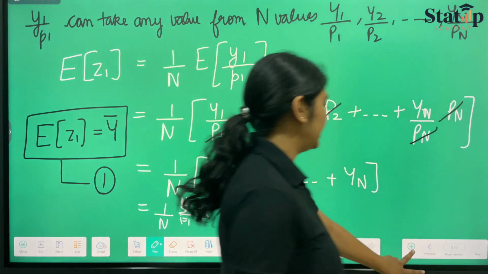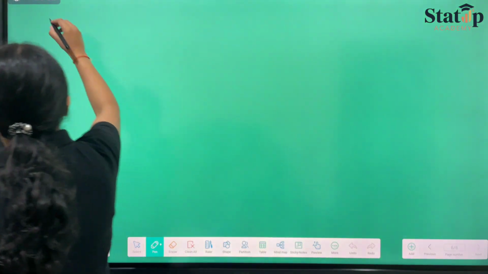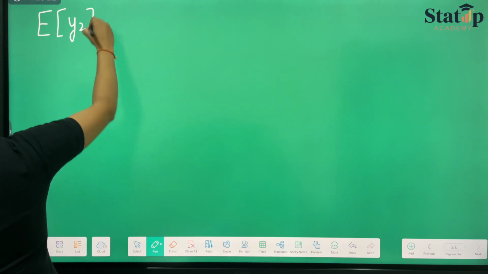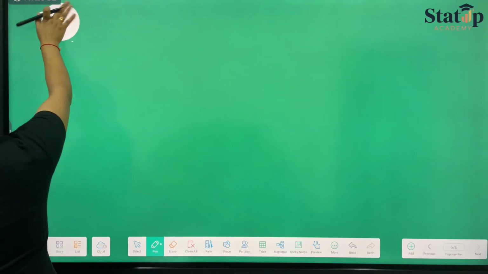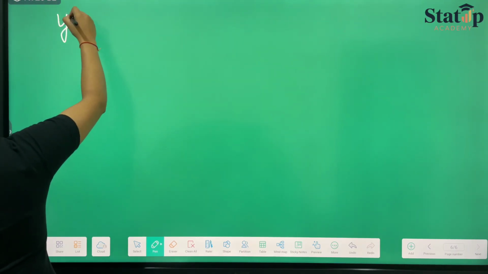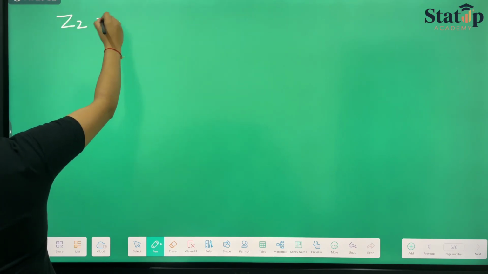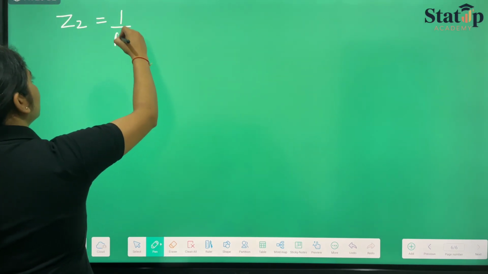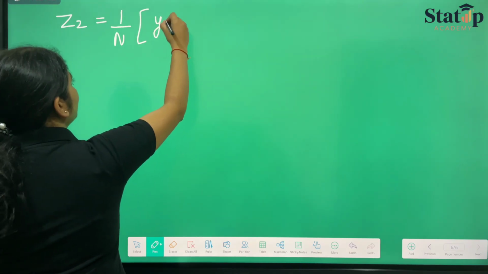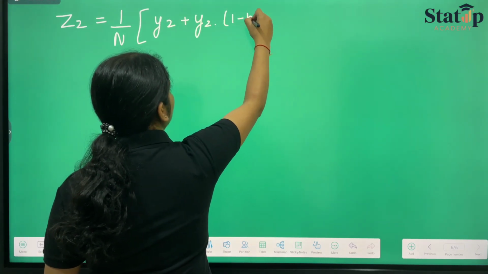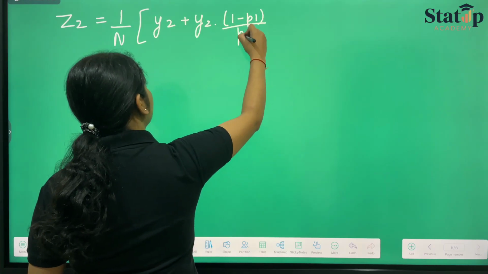Now we'll calculate the estimation for the second one, which is estimation of z2. First of all, we'll see what is z2. Z2 was 1 upon n times y2 plus y2 into 1 minus p1 upon p2.